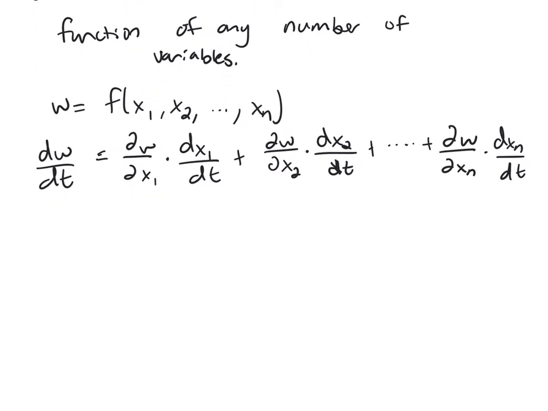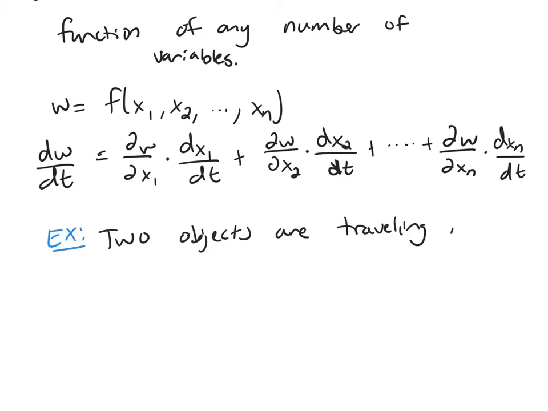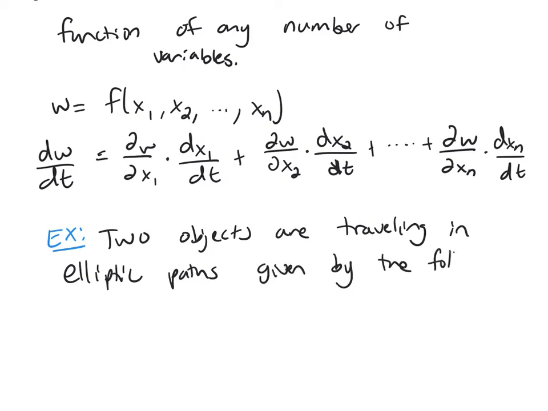So let's look at the following example here. I'm going to tell you that two objects are traveling in elliptic paths given by the following parametric equations.